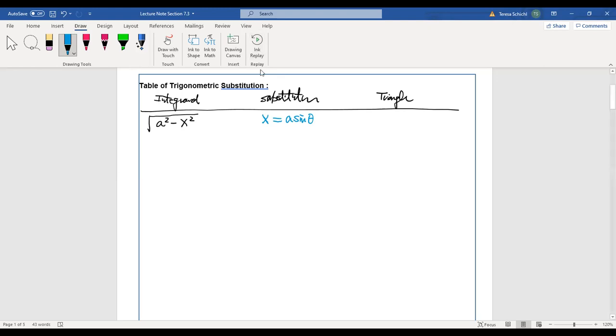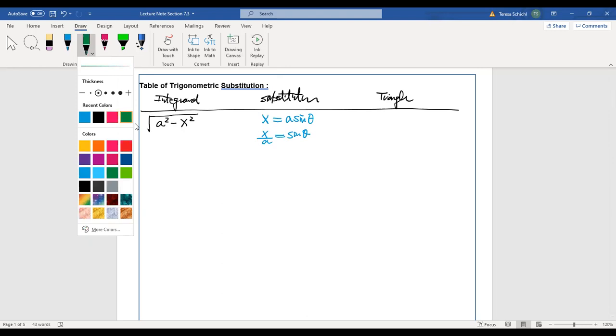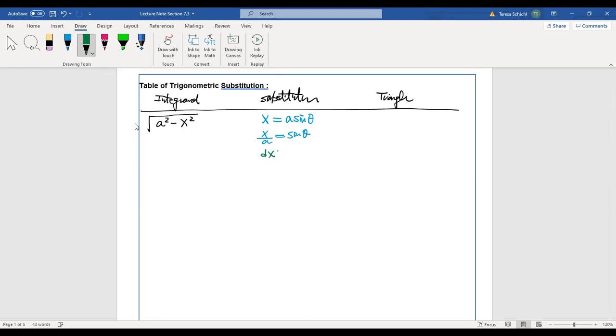So basically what you will have here is x equal to a sine theta, or you can say x over a is equal to sine theta. Then you can do the dx here, right? So the dx will be a cosine theta d theta.